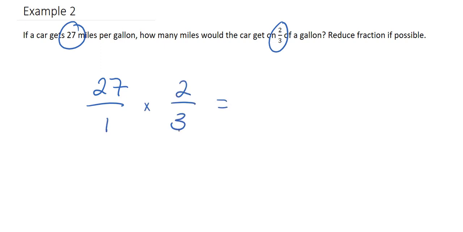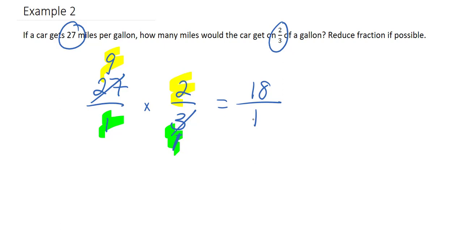Now look at this. We have a 3 here and a 27 here. Well, 3 divided by 3 is 1. 27 divided by 3 is 9. So let's multiply the tops together and then the bottoms together, right? So we get 9 times 2, well, that's 18. 1 times 1, that's 1.